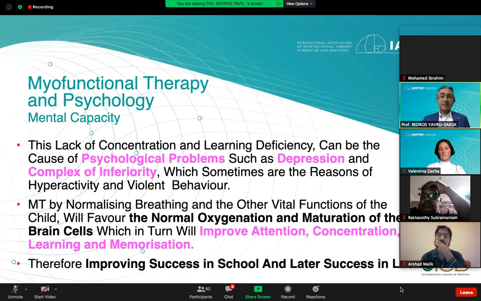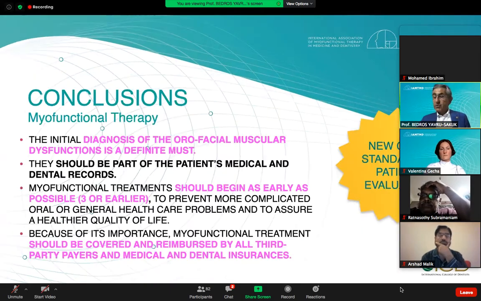As conclusions, first, of course, all muscular dysfunctions should be diagnosed and noted on the patient chart at the first visit as much as possible. If needed, the treatment should begin as soon as possible, or the patient should be referred to the myofunctional specialist for proper treatment.